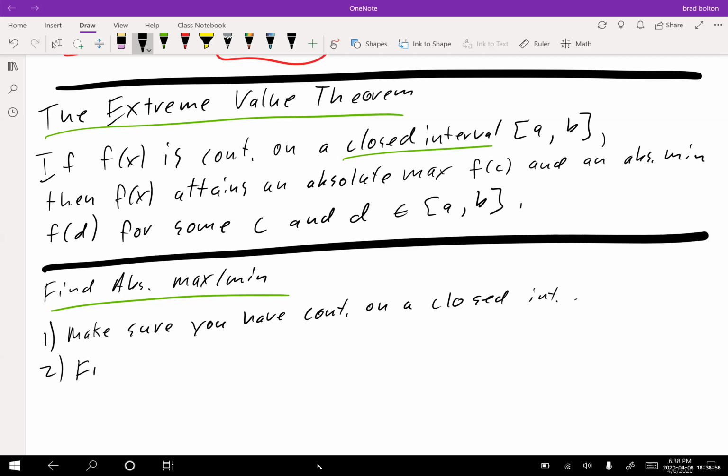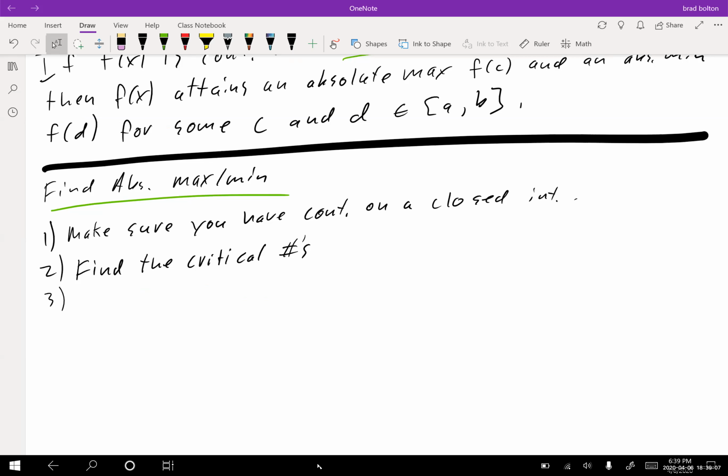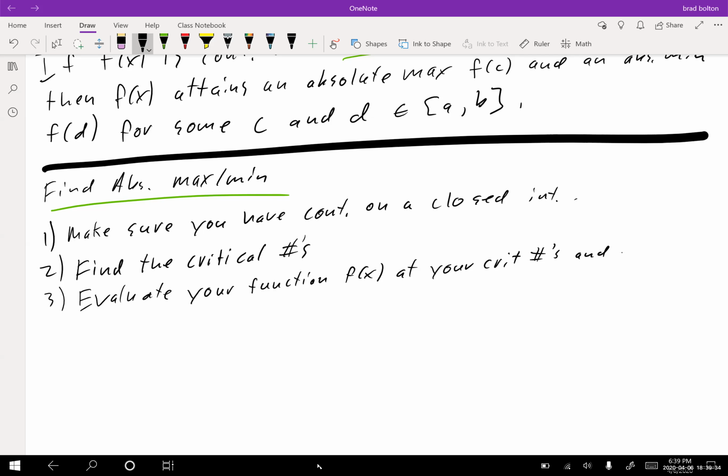Part two: find the critical numbers, very important. Step three: evaluate your function f of x at your critical numbers and endpoints.